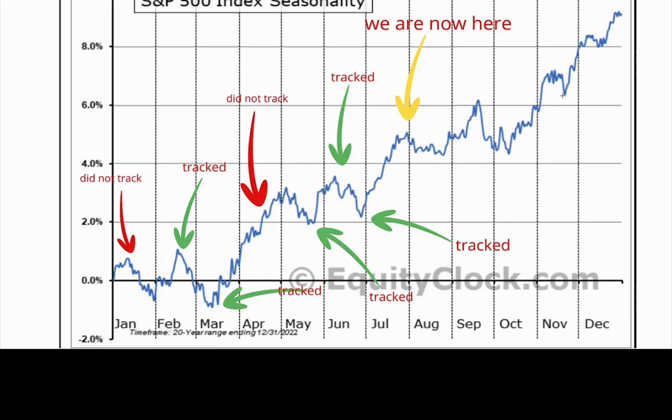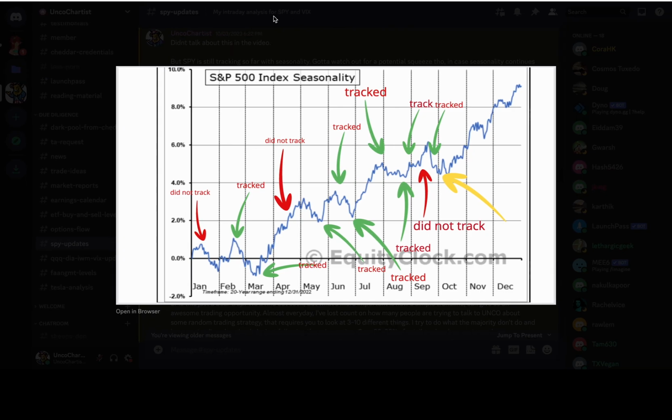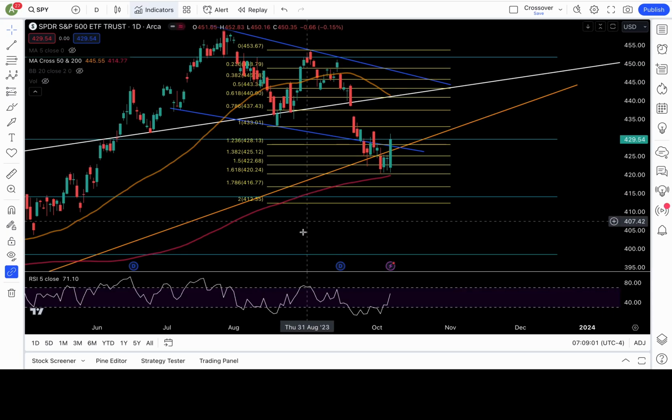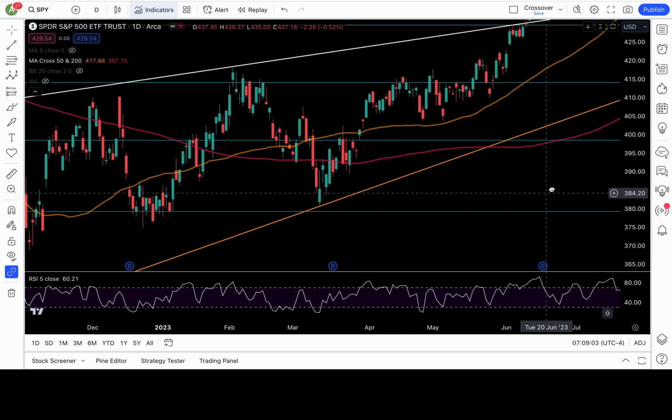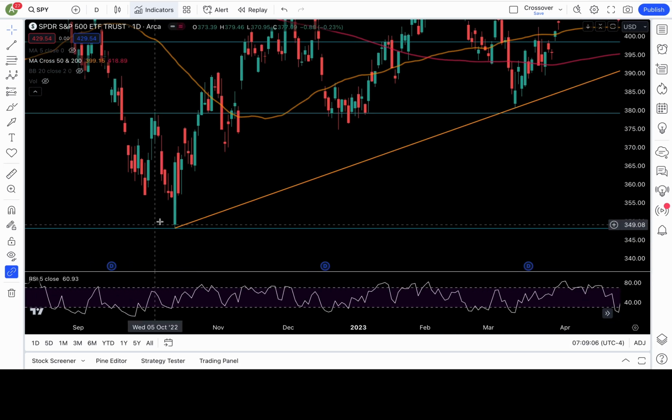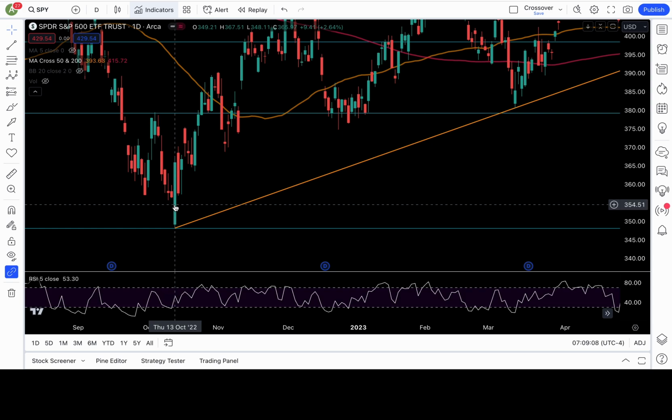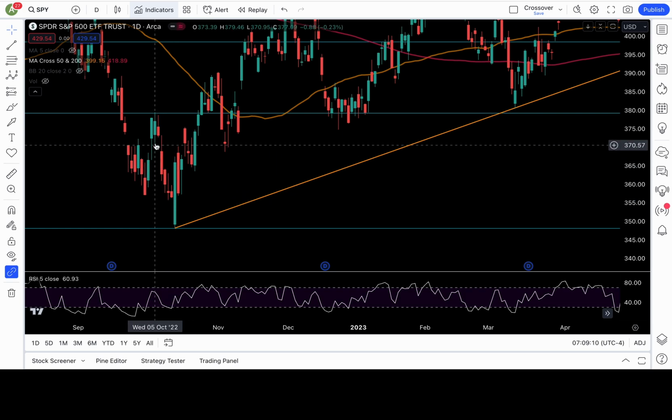Okay, a lot of earnings are coming up. So if you're wondering how accurate is this seasonality, well, the green arrows is when it's been right, and the red arrows is when it's been wrong. So it's more right than wrong. And if you go to the daily chart, we can see a year ago, back in October 2022 low, how it played out. Okay, first week of October, you guys see here, there was a bounce.